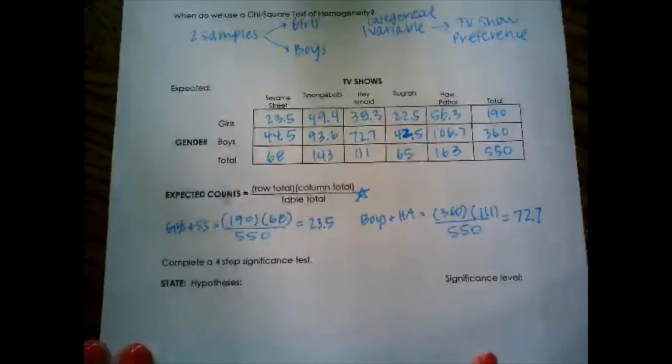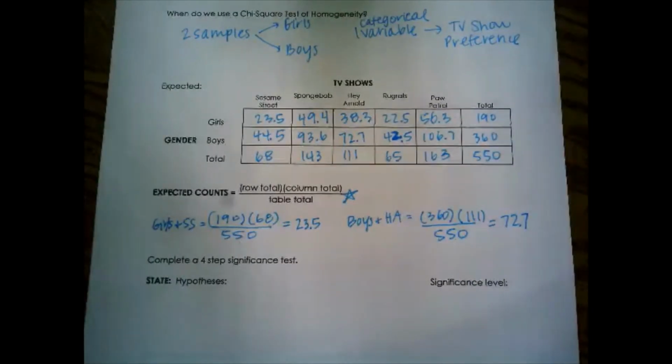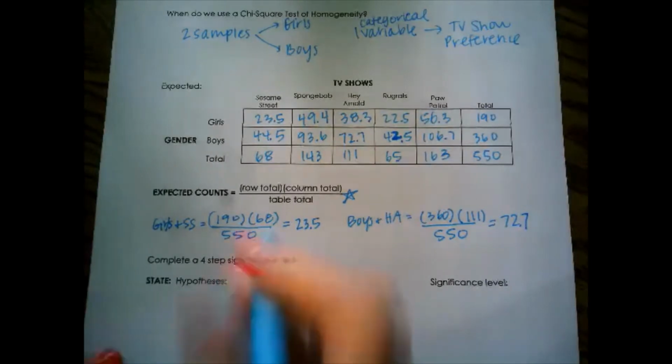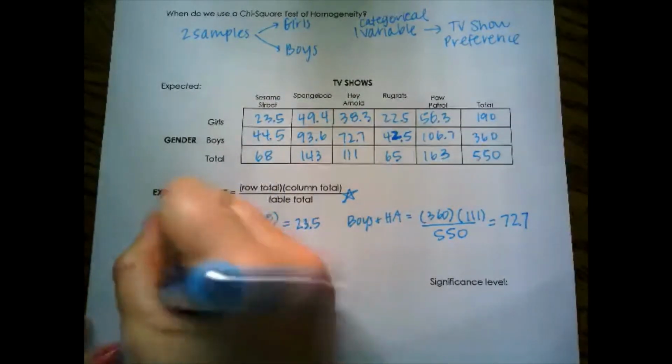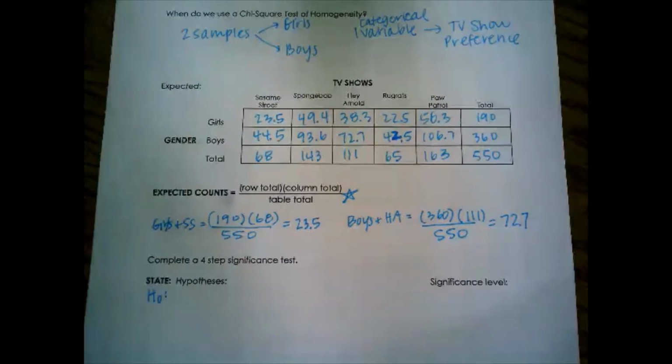All right. And now let's start our full significance test here. Our hypotheses, remember, are always that there's no difference. You'll find with all chi-squares, goodness of fit, homogeneity, and tomorrow we're going to look at independence, that you're actually going to have to write something out, not just use numbers or variables.